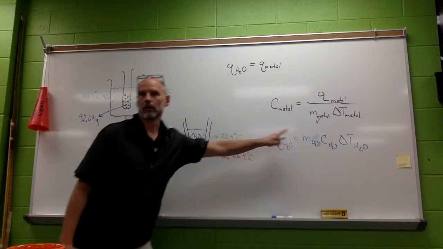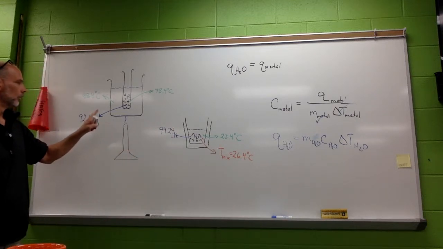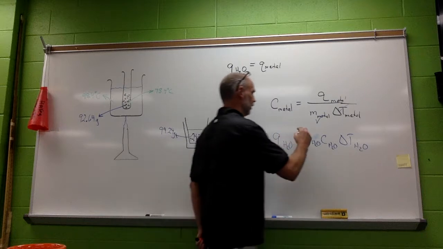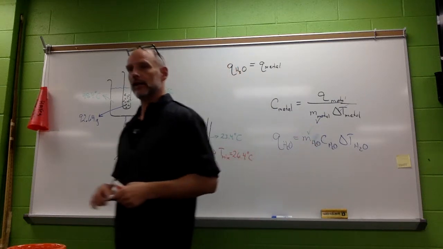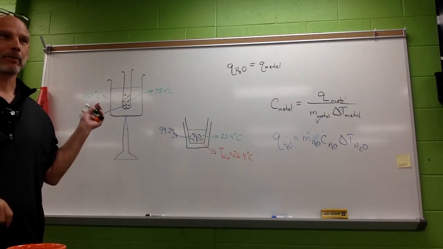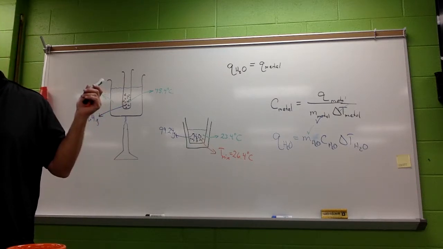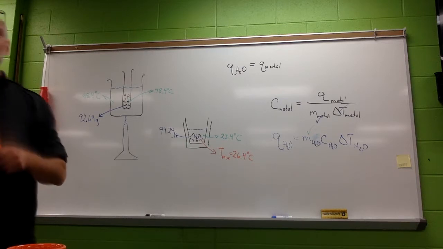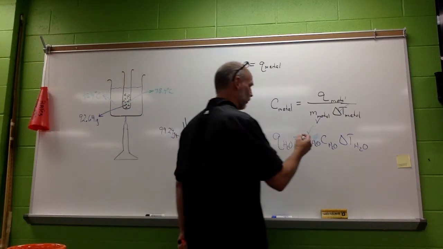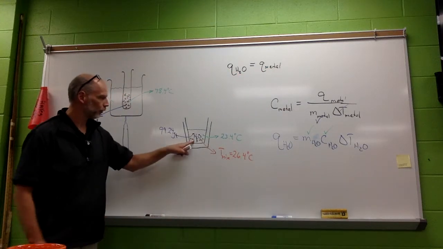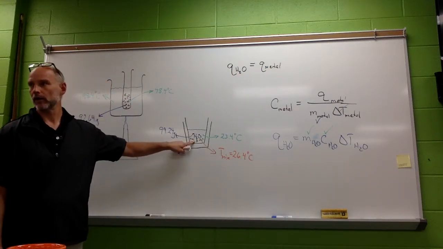Do we know the mass of the water? Do we know the heat capacity of water? I had it written up on the board. Does anyone remember what it was? Did anybody write that down? 4.184 joules per gram degree Celsius. Do we have enough information to find the temperature change of this water?